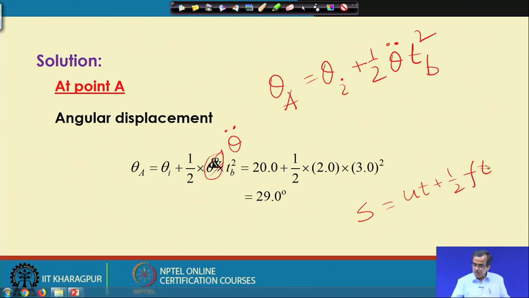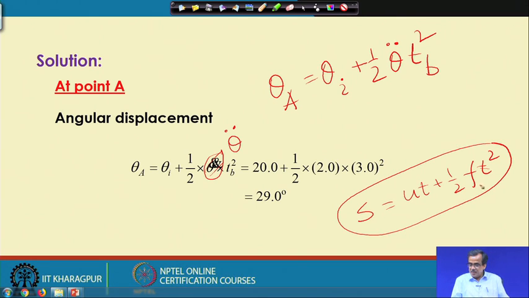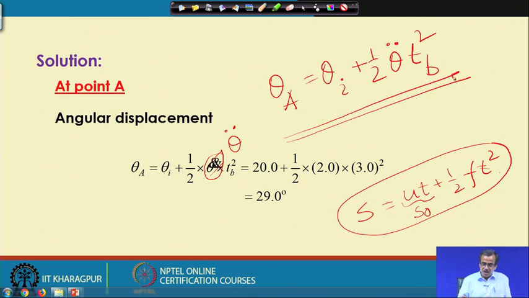In this very well known formula, the displacement is the initial displacement plus half f t square, where f is the acceleration, t is the time, and u t is nothing but s naught, the initial displacement. In exactly the same way, theta A, the angular displacement, is the initial displacement theta I plus half theta double dot, the angular acceleration, times the time t b square.